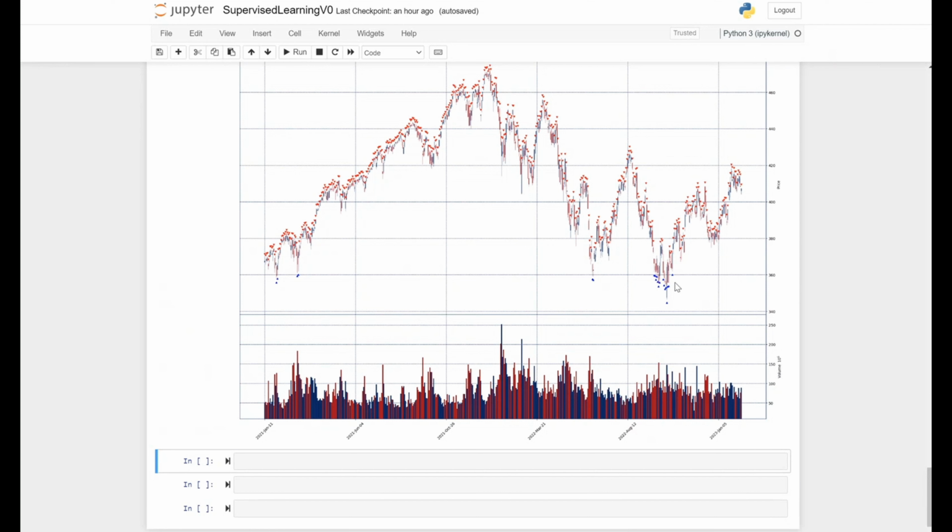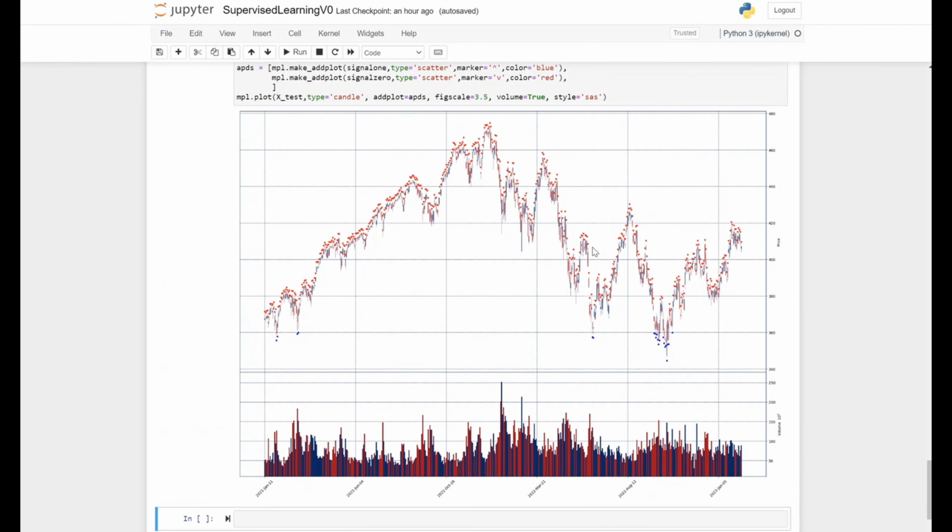But from the result, it seems it correctly picked the bottoms of this recent year. Again, I just view it as a coincidence. So this does not necessarily mean that this model can find the bottom of the stock price. This is pure coincidence.